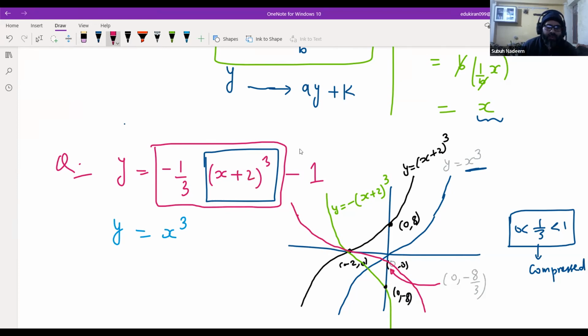Now minus 1. So this will be shifted downward by 1 unit.